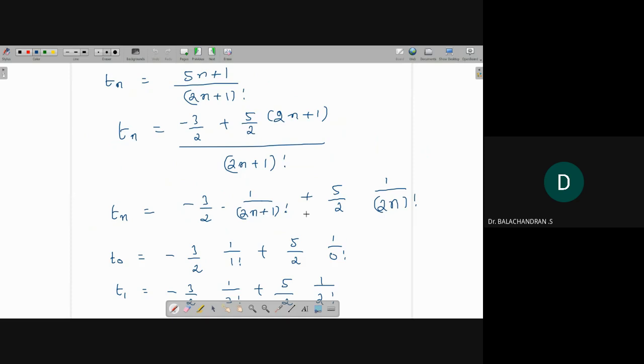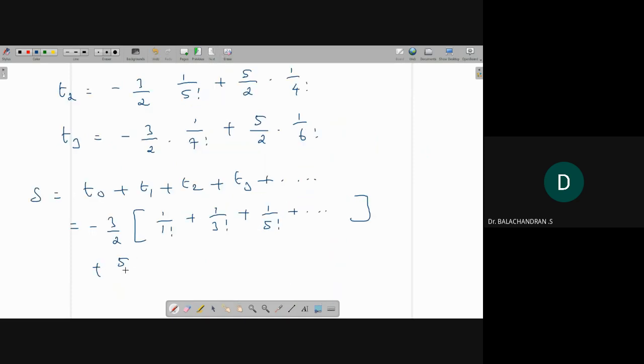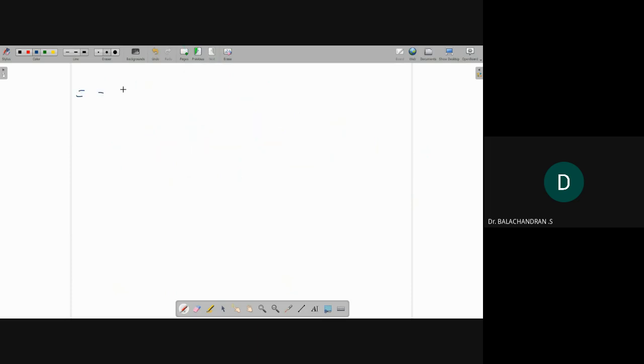If you add vertically, in the second one 5 by 2 is common, times 1 by 0 factorial which is 1, plus 1 by 2 factorial, 1 by 4 factorial, 1 by 6 factorial, and so on. What is the first series? e minus e power minus 1 by 2. Correct. So this is e plus e power minus 1 by 2. Okay, correct, Paritosh. This is equal to minus 3 by 2.